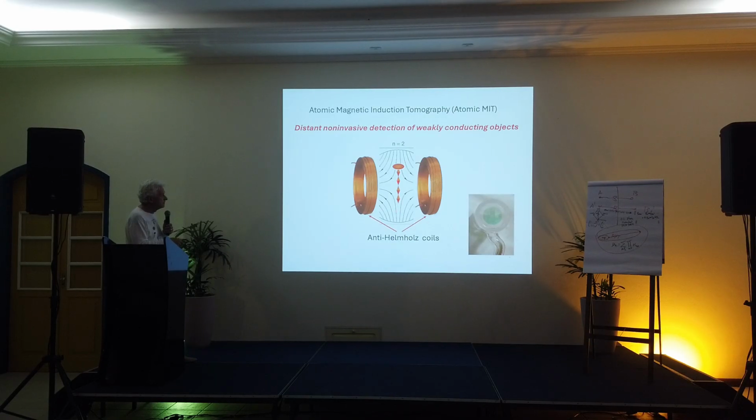And here in the middle, you put your atomic sensor. And now, this coil is closer to the object than that one, and therefore the AC field in the heart will be non-zero. AC field will induce currents.